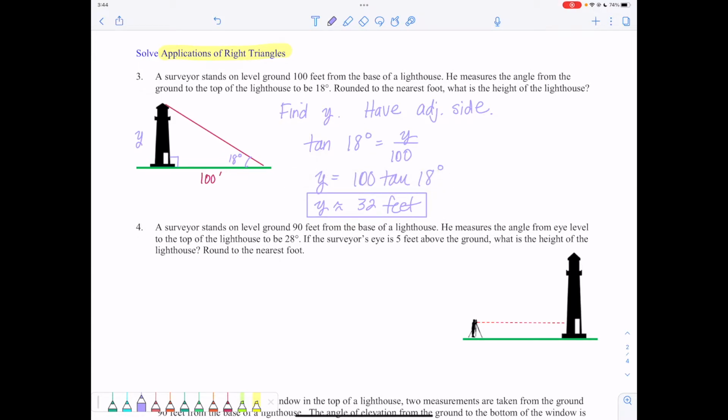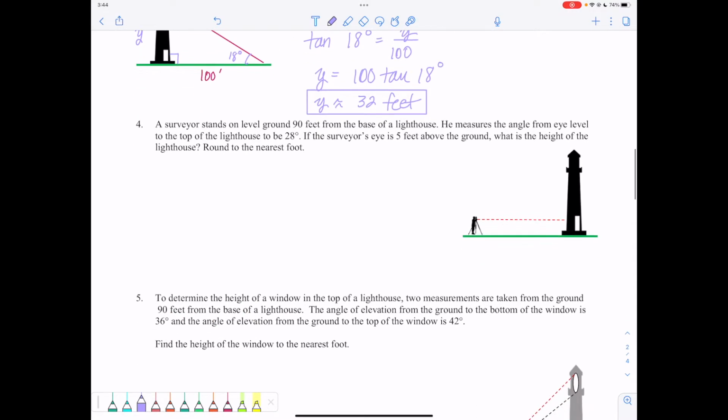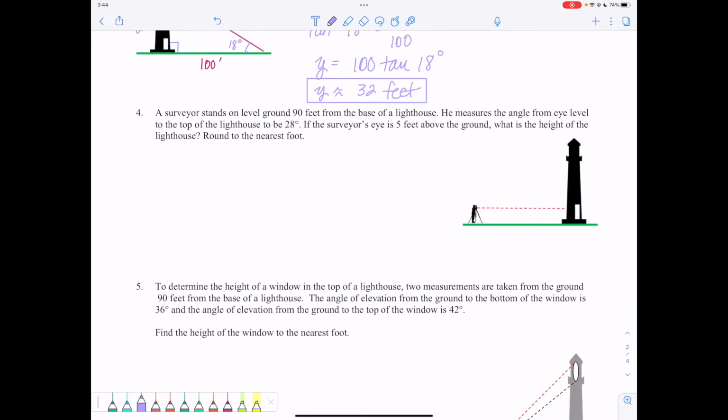Okay. In number 4, a surveyor stands on level ground 90 feet from the base of a lighthouse. And he measures the angle from eye level to the top of the lighthouse to be 28 degrees.